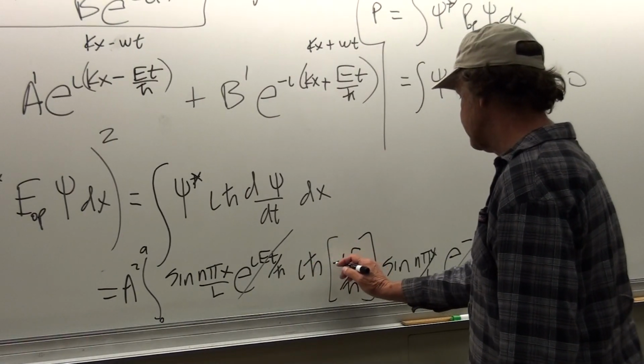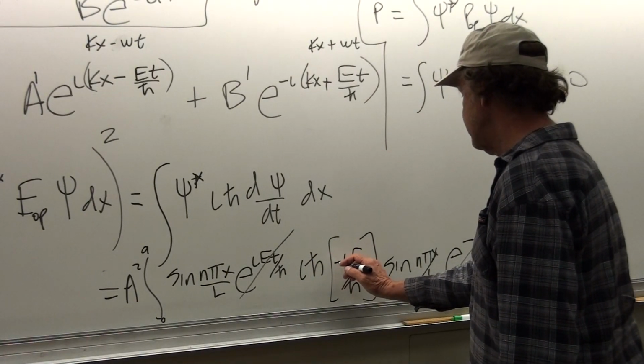i times i is minus 1, times minus 1 is just plus 1.